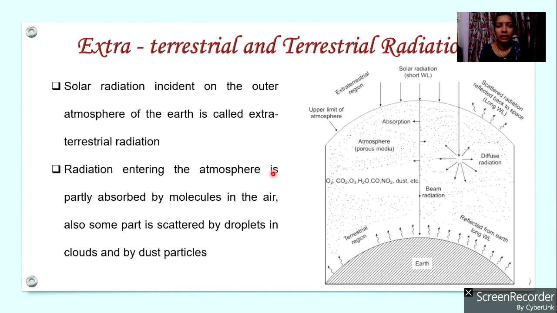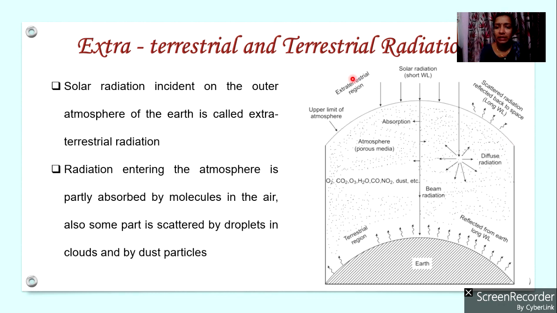So now let us see what extraterrestrial and terrestrial radiations are. In this diagram, the propagation of solar radiation through Earth's atmosphere is shown. This is the upper limit of Earth's atmosphere.